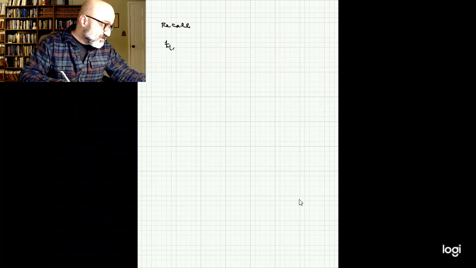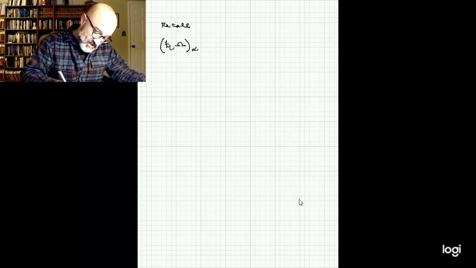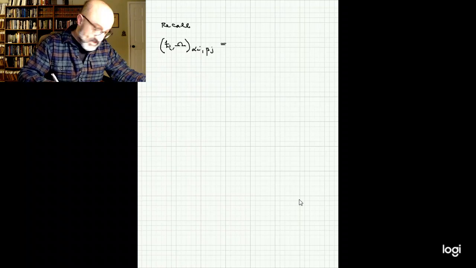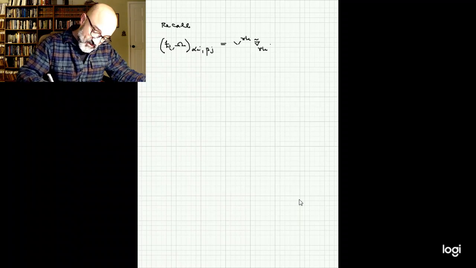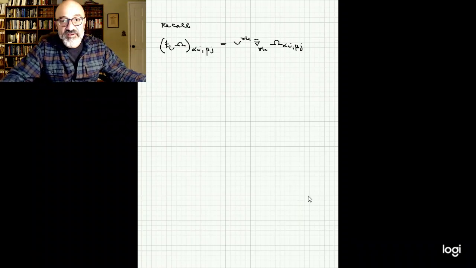The Lie derivative of omega has components alpha i, beta j, and this is going to involve the components of the vector, which we're going to write as gamma k, then the gradient gamma k of omega alpha i beta j. That's the first term.